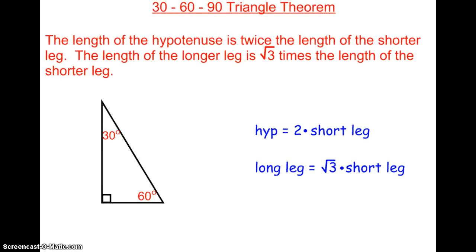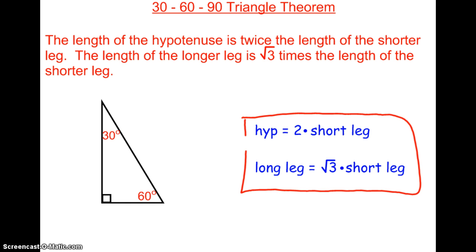So the length of the hypotenuse is twice the shorter leg, and the long leg is the square root of 3 times the shorter leg. So those definitions are right here. Okay, so there again, the shorter leg is across from the 30. That makes this the longer leg.